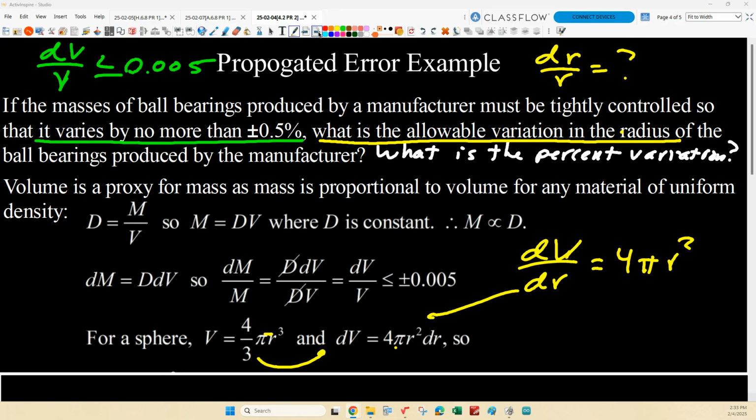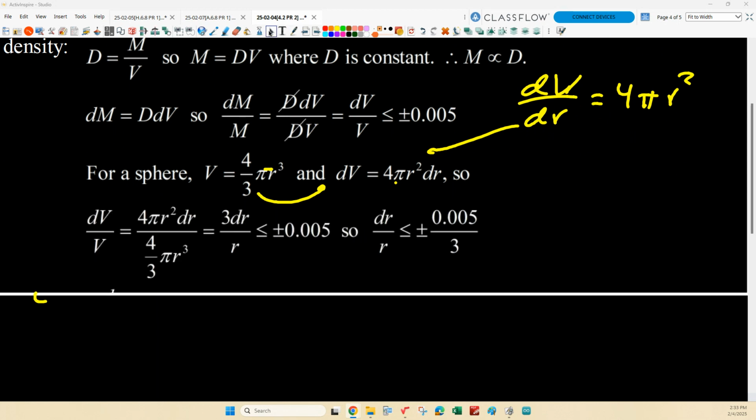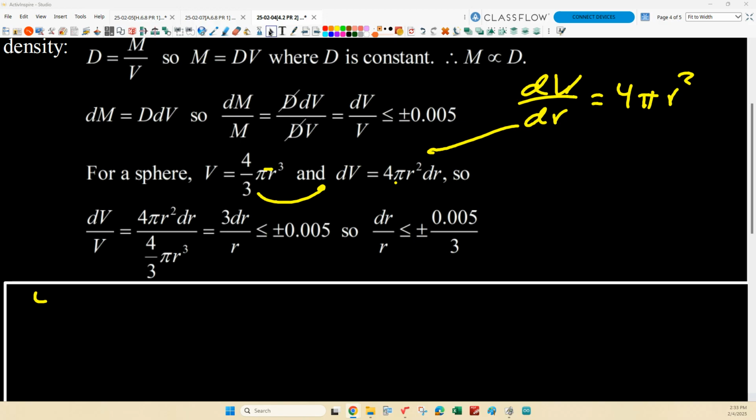Okay, so then we've got dV and V. So therefore dV over V is just 4 pi r squared dr over 4/3 pi r cubed. Well, I can cancel the pi's, I can cancel the 4's, and 1 over 1/3 gives me a 3 on the top. So I end up with 3 dr over r is less than or equal to plus or minus 0.005.